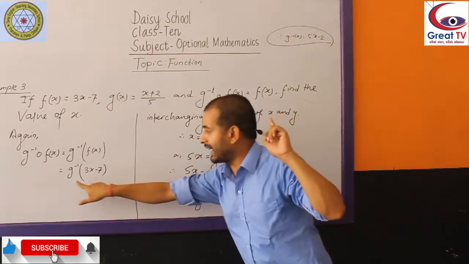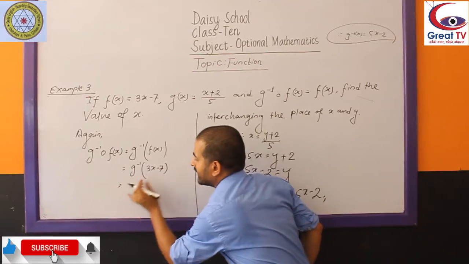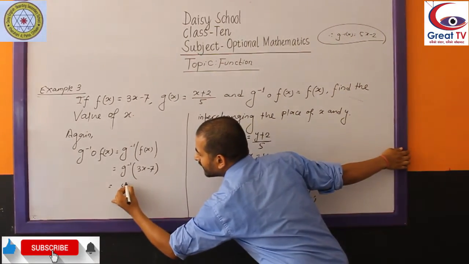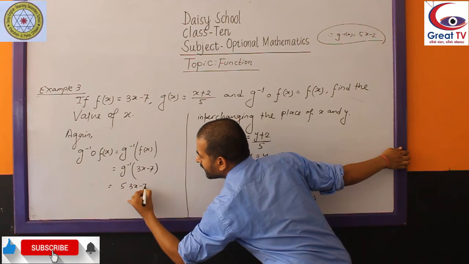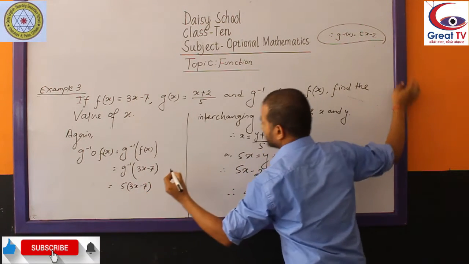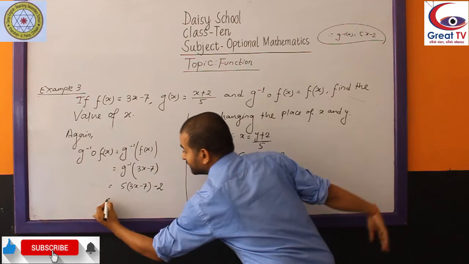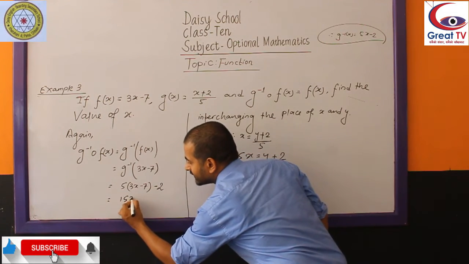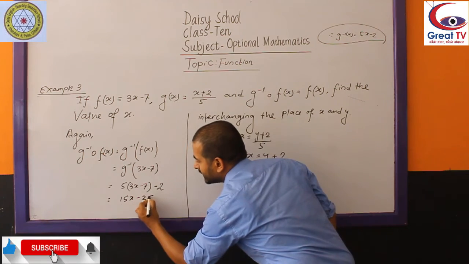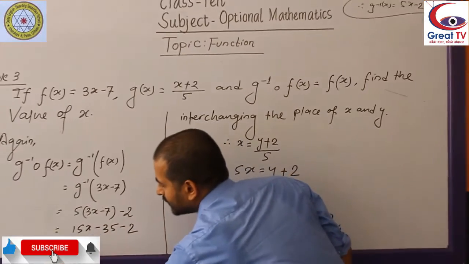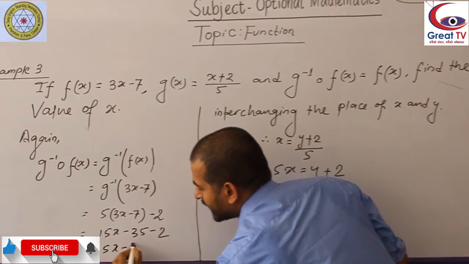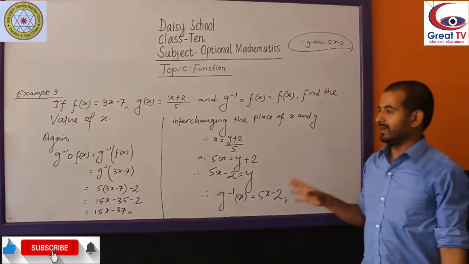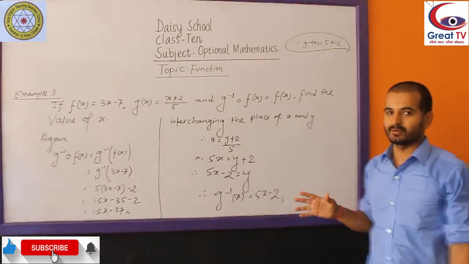This is what we have to do here. Now the input for g inverse of x is 3x minus 7, so it means 5 threes are 15x, 35 minus 2, 15x minus 37. Okay, we got exactly 60 to 70 percent of the solution.